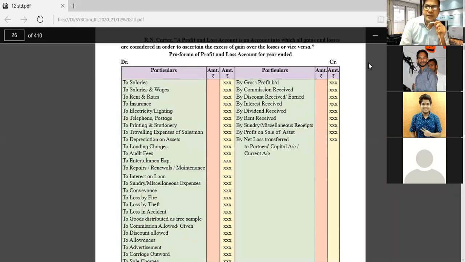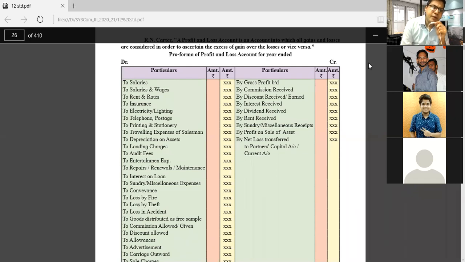Generally every partnership firm prepares their financial statements and certifies them with the auditor, and therefore they are required to pay audit fees to the auditor, and such audit fees we will show in the profit and loss account debit side.